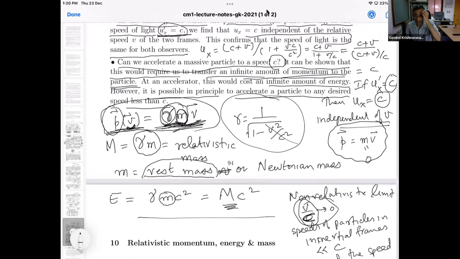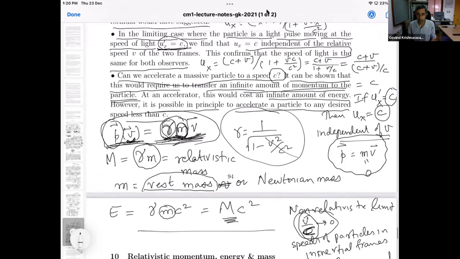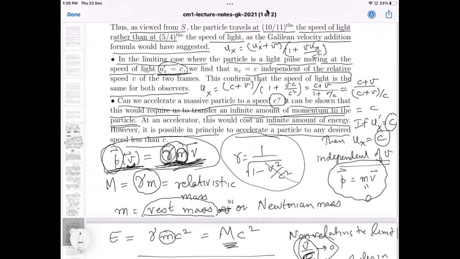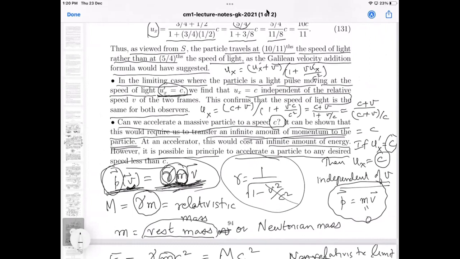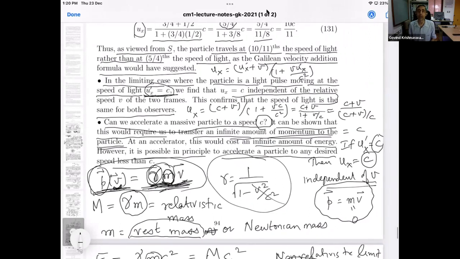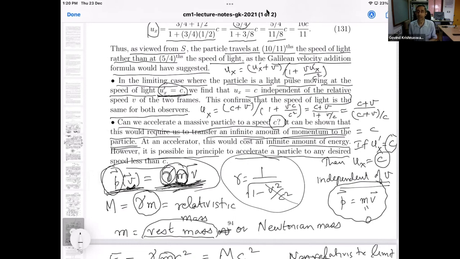Any other questions? For the formula of Ux, the formula kind of looks like the formula for tan A plus B. Very good, that's a good point. It suggests that you should go to a new variable called rapidity by writing U itself in terms of a hyperbolic function. The velocity addition formula becomes simpler if you introduce hyperbolic angles.